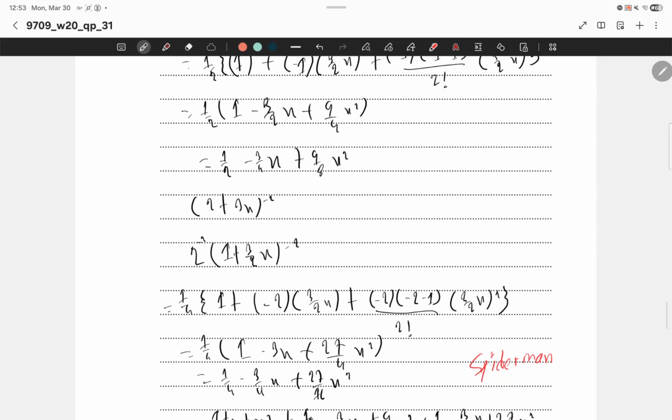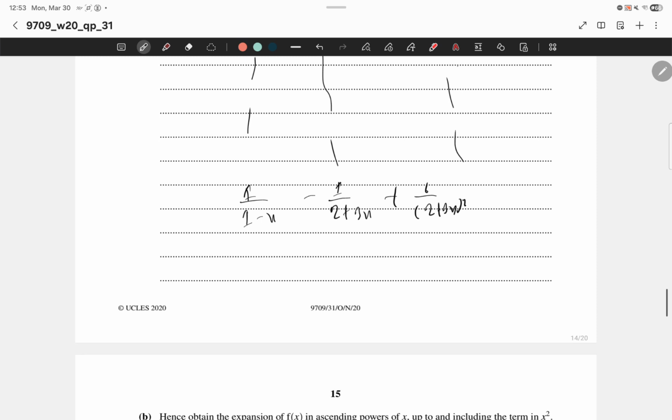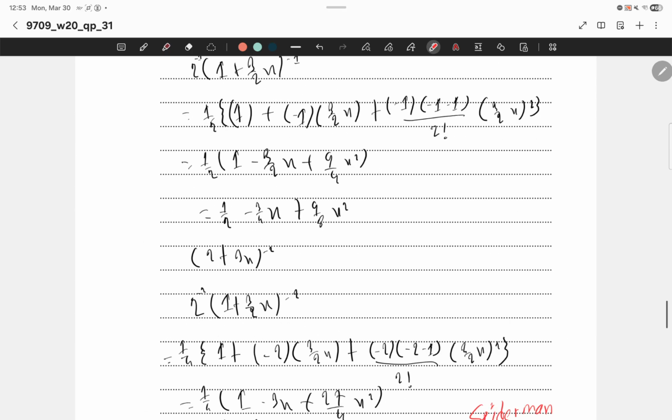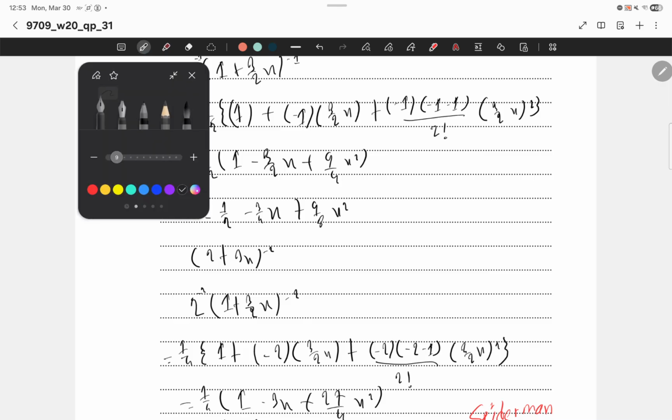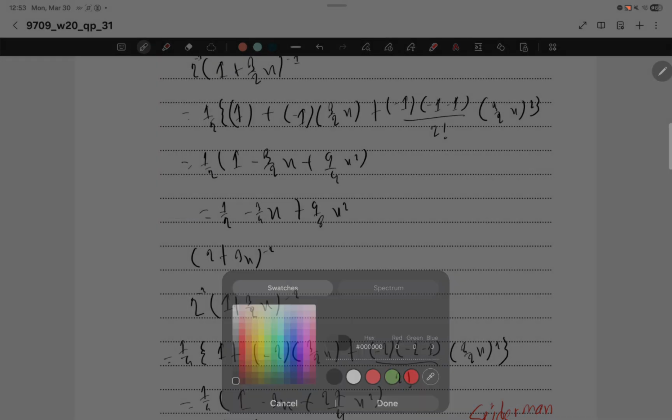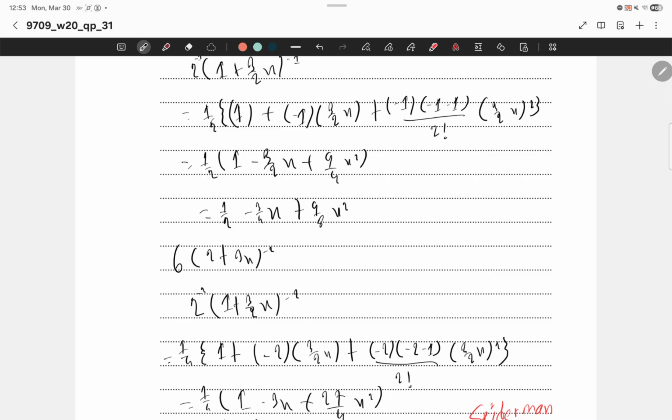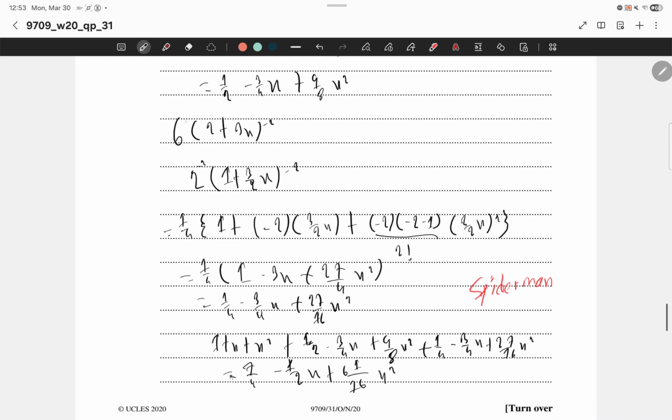Okay, guys, I found my mistake. It's a really easy mistake to make. The thing is, I missed this 6. It should actually be 6.